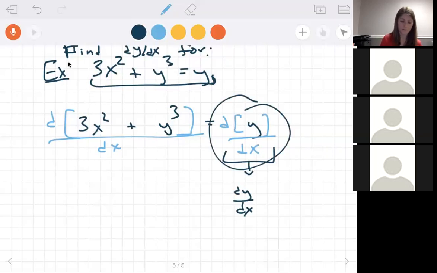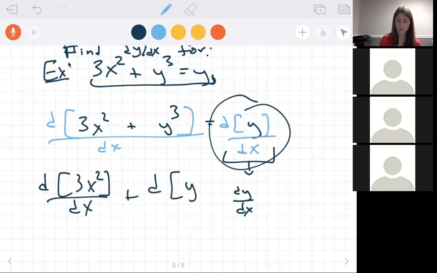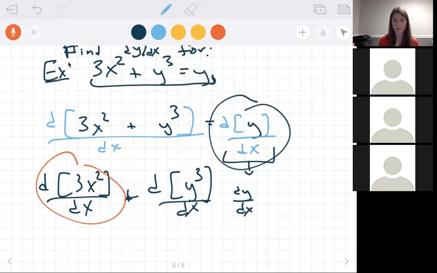On the other side, we're going to think about the derivative of 3x squared with respect to x and the derivative of y cubed with respect to x. So let's start with the one where our variables match. Always going to be easier.